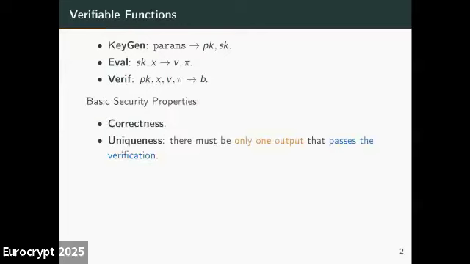The basic security properties we require are first correctness, which means that if we execute all these algorithms in an honest manner, the final output will be 1. Also, we need that this is really a function, which means that for every input, there is only one output that passes the verification.